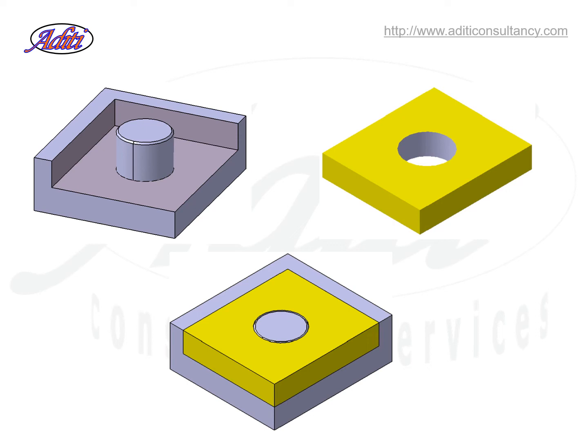Apart from the two diameters, if you see the assembly, the positioning of the axis of the spigot in the first part and also the positioning of the axis of the hole in the second part should be controlled with respect to the two side butting surfaces in both the parts. Then only the assembly of these two parts will take place properly.